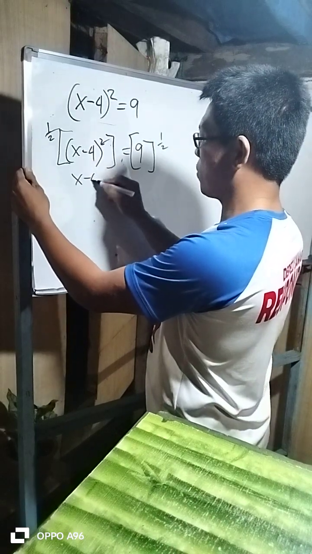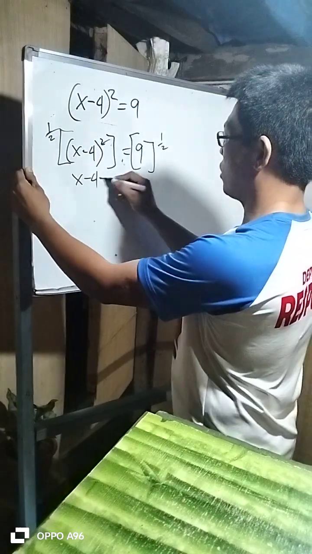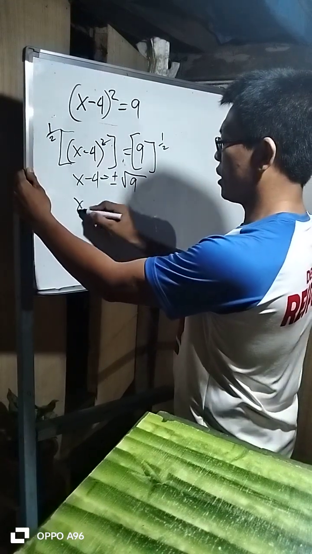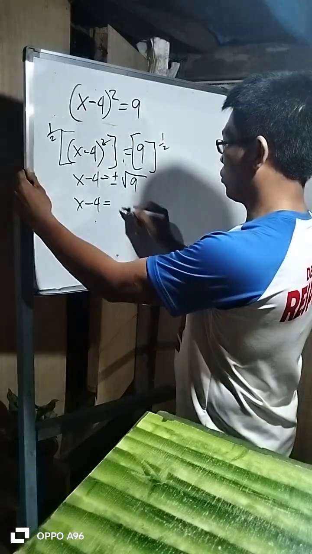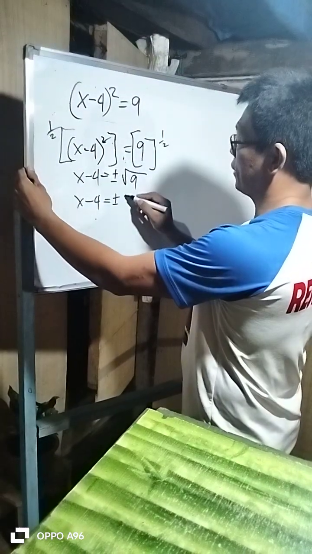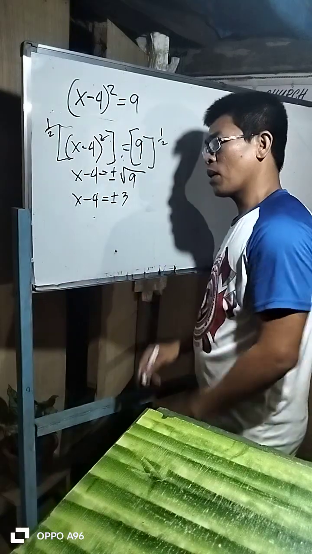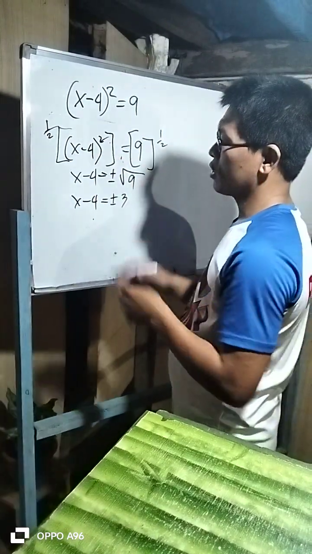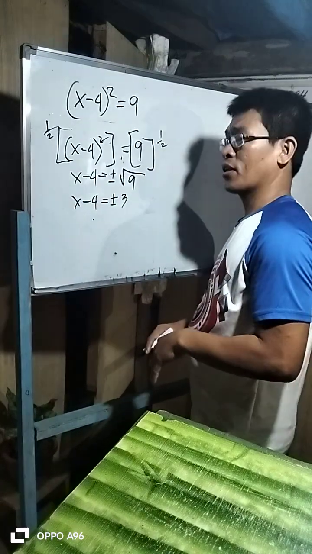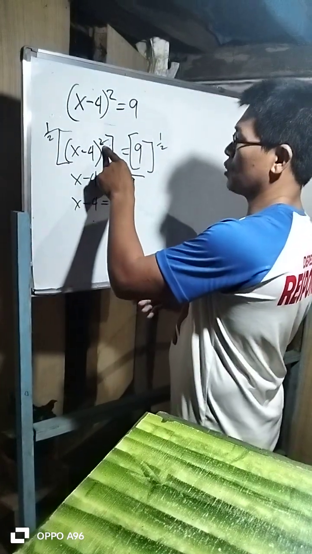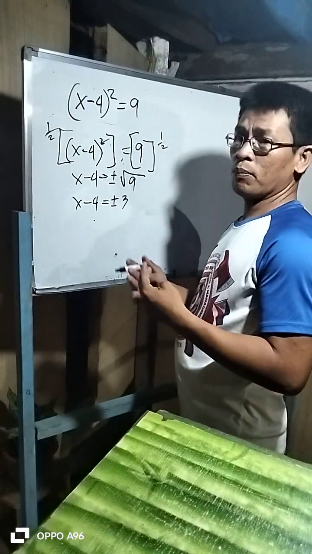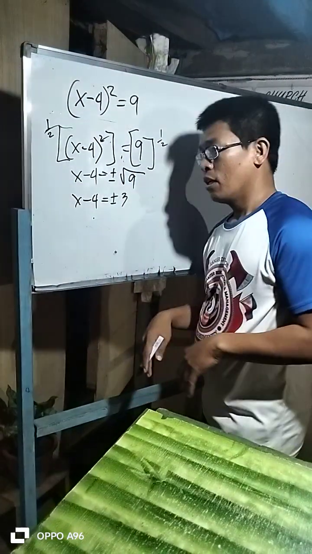The remaining is x minus 4 is equal to positive or negative square root of 9. Then x minus 4 is equal to positive or negative 3. So why do we need to take the square root of both sides? In order that the left side can cancel the exponent, which is just the 2, and on the right side we can get the perfect square of this expression.